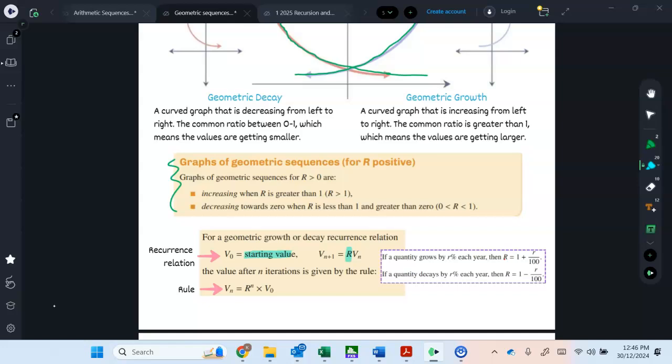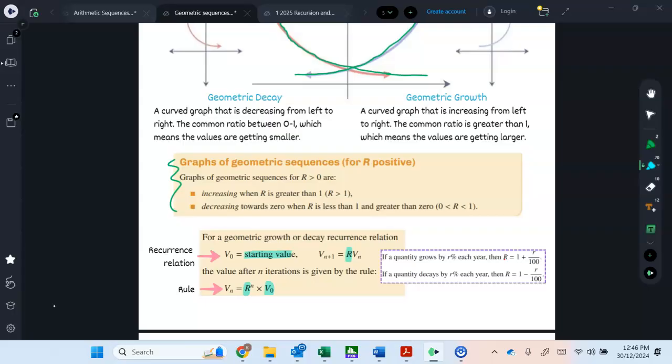All right, then we've got our rule. This is an example of an exponential equation, but most of you probably haven't had experience in exponential equations, so I won't worry about that. So we've got Vn equals, and the only things that will need replacing are your common ratio and your V0. Everything else stays there.